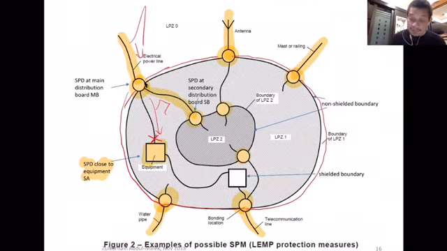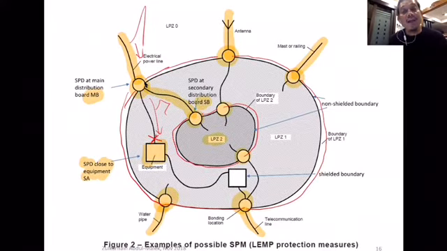So you have another boundary to define the second zone, and you put another SPD there. We said SB, switchboard. The first one is MB. The second one is SB, switchboard. So you can put your equipment inside LPZ2 now. So LPZ2 is defined by the SPDs and the boundaries as shown there.